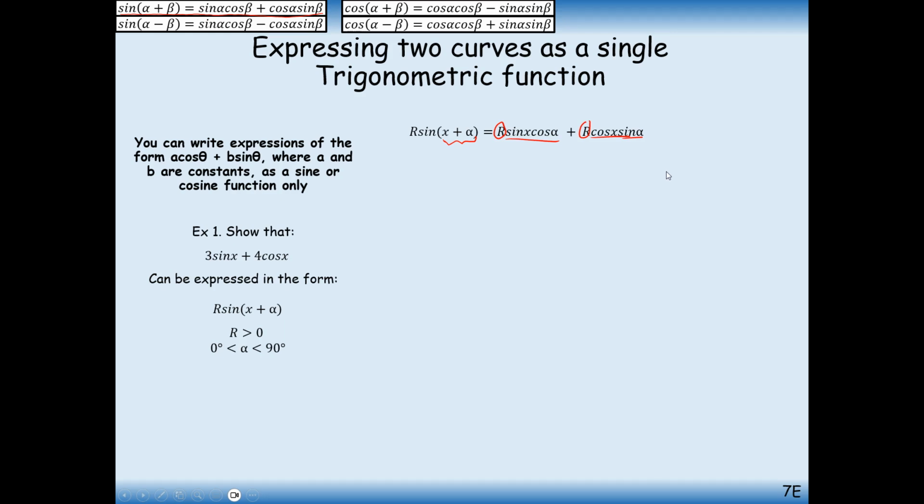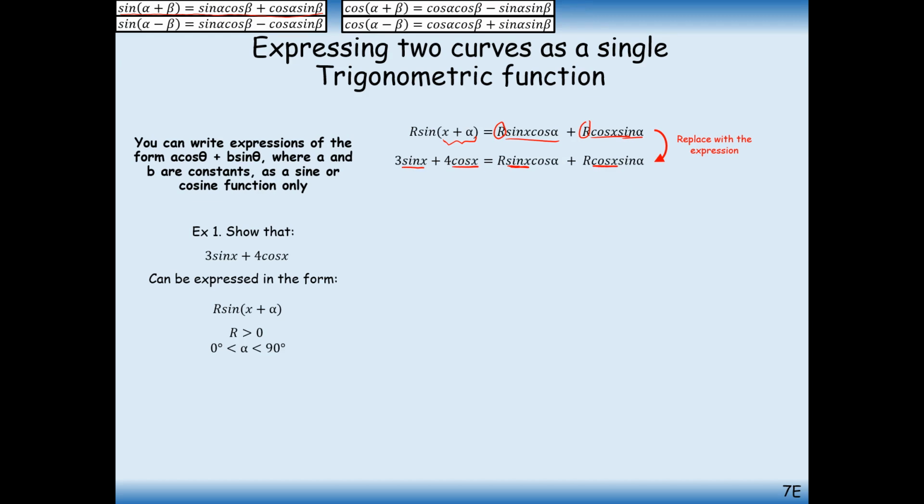Alright, so then we're going to look to match up some terms with each other. We have 3 sin x plus 4 cos x, and that has to equal this expression here. So we see that this sin x and sin x match up with each other, and this cos x and this cos x match up with each other.